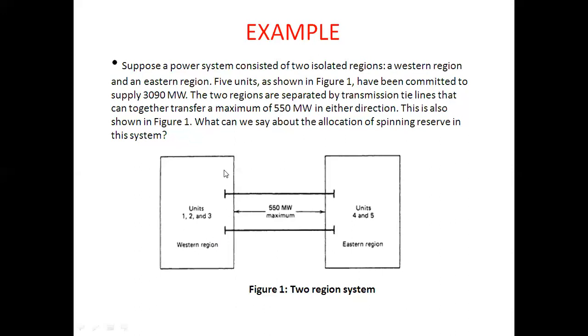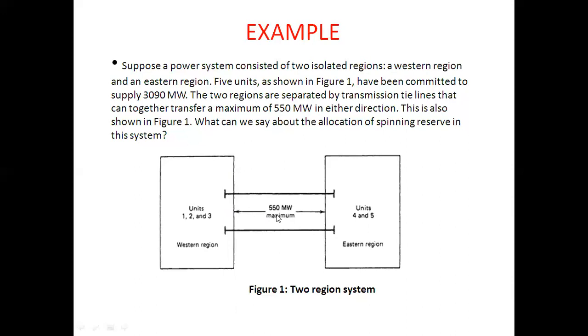First, again understand the basic problem. There are two regions, the western region and the eastern region. The western region has three units, units 1, 2 and 3, and the eastern region has two units, units 4 and 5.